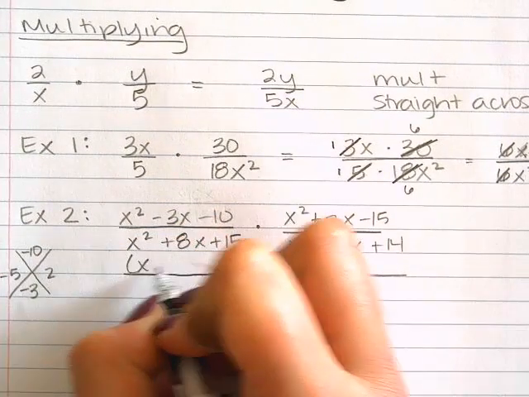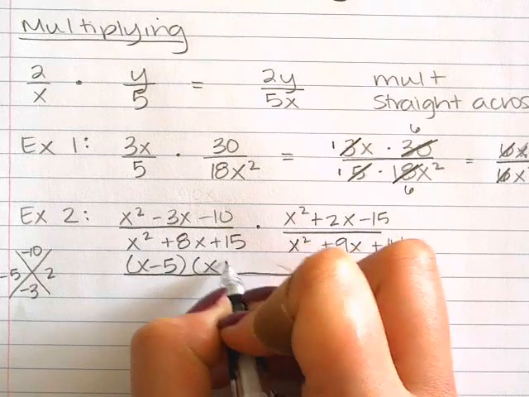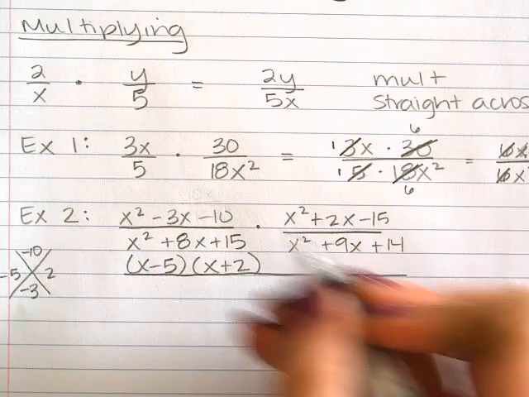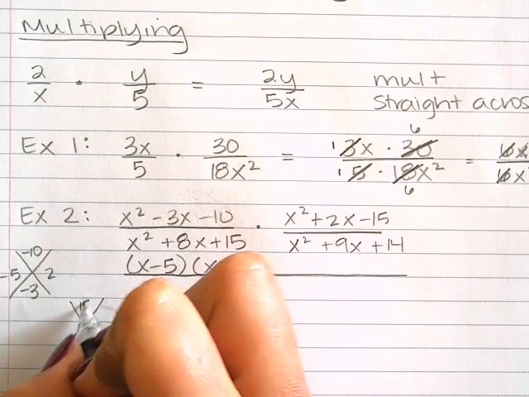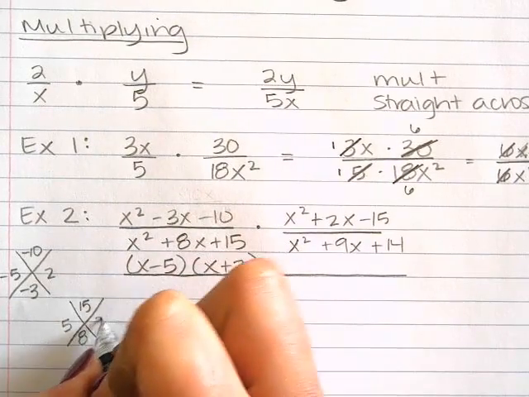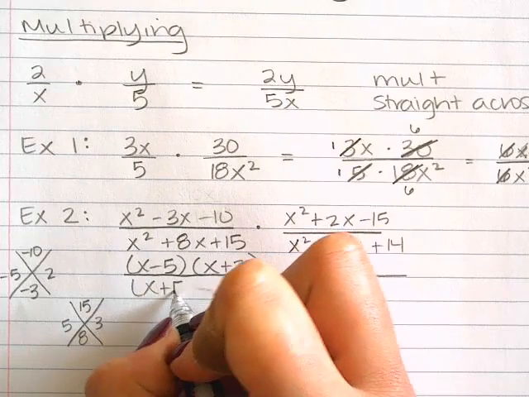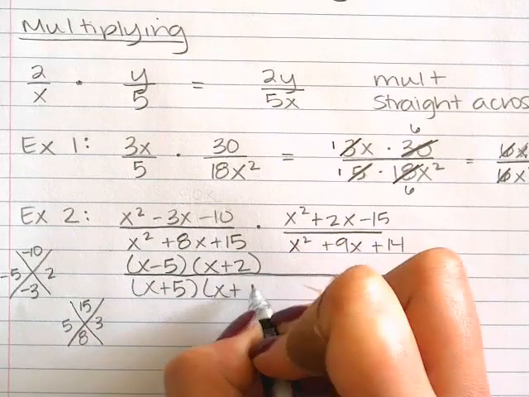So I have x minus 5 and x plus 2. And for the bottom there, multiplies to 15, adds to 8, so that's 5 and 3. So x plus 5, x plus 3.